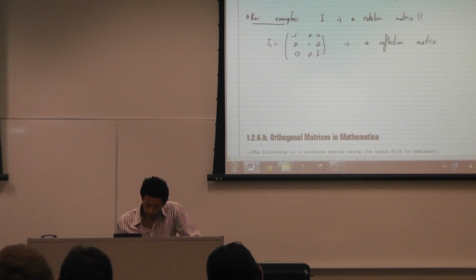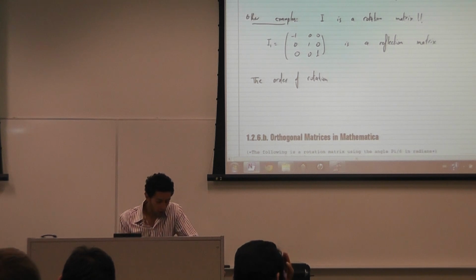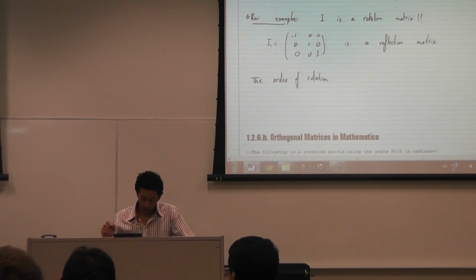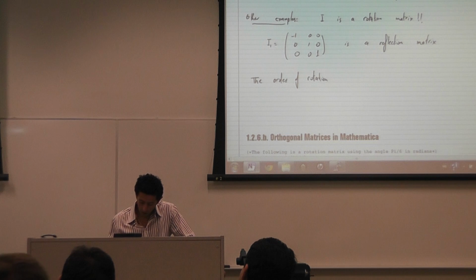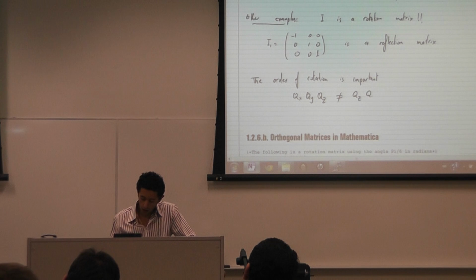The order of reflection is very important, or the order of rotation is important. And you will find an example in your text. If you copy and paste the code into Mathematica, you will see how the order of rotation is important. Qx, Qy, Qz is not equal to Qz, Qy, Qx.